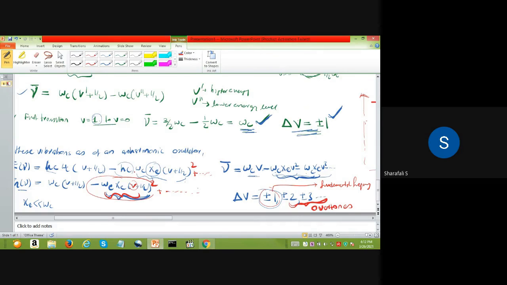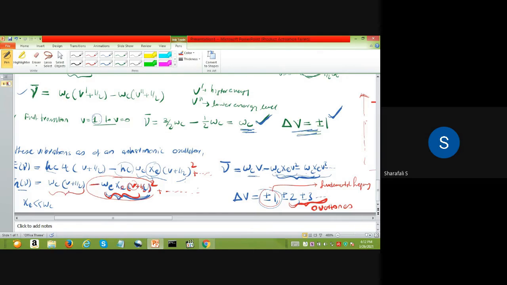So remember minus hc omega e xe, v plus half square. Similarly here we have omega e xe, this is xe, and v plus half square. So when your v gets larger, you have to consider the square of that and subtract it from this term.